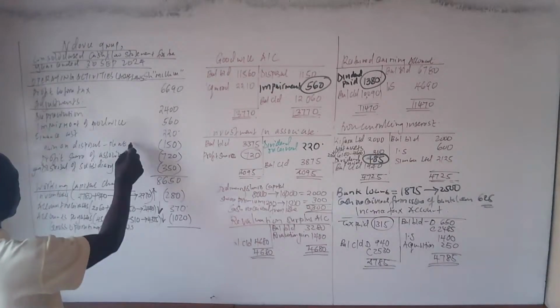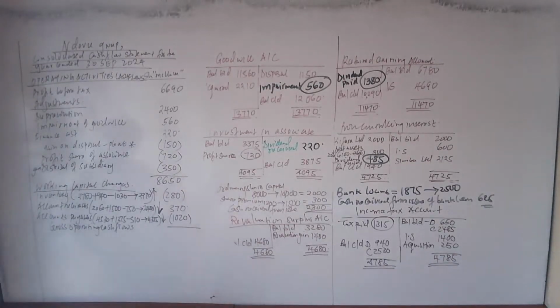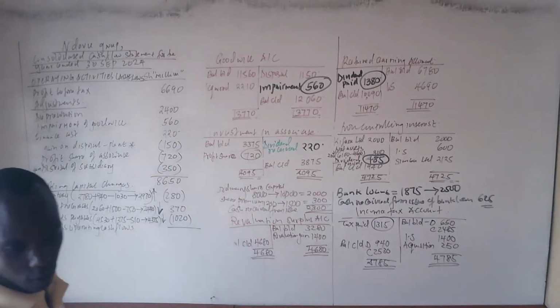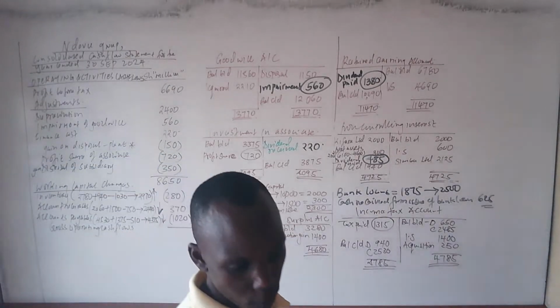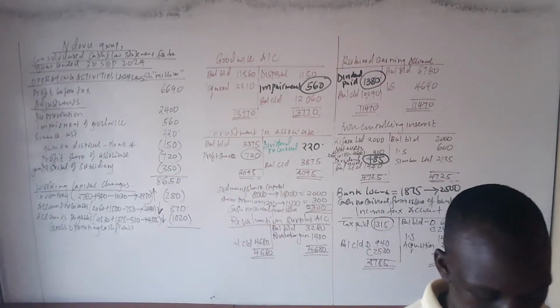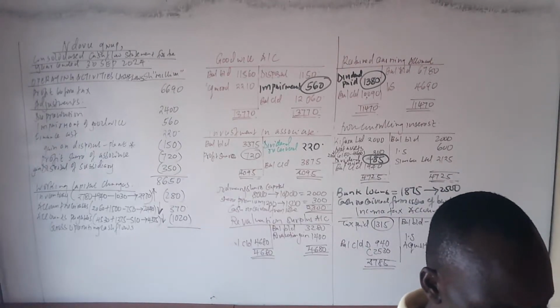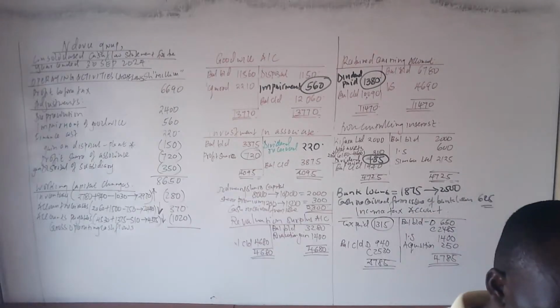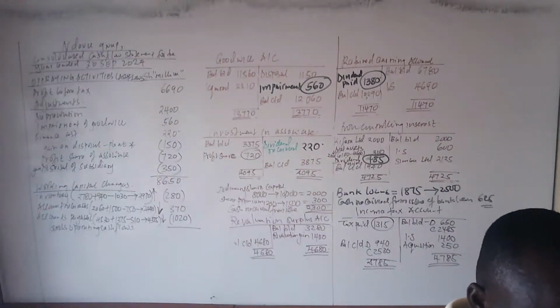Which 150? I'm concerned with how you arrived at this figure. Gain on disposal. Go to the account that we opened on the board. It was 150, yes. How did you arrive at it? Still balance. It was balancing by how much? 150.